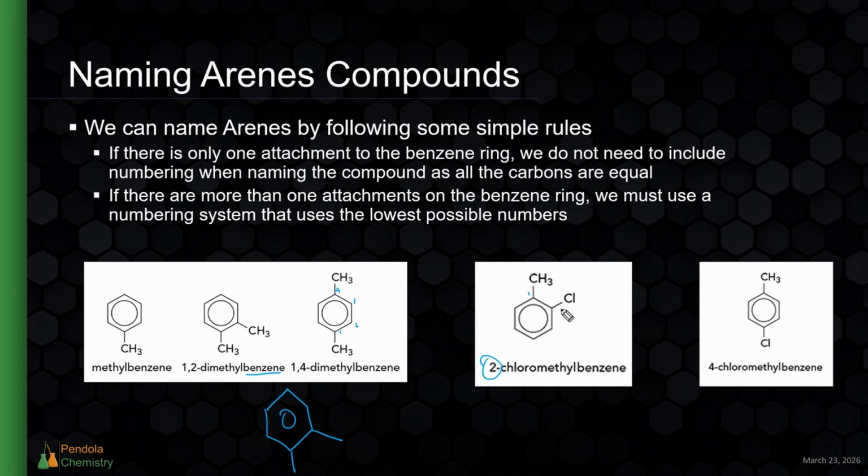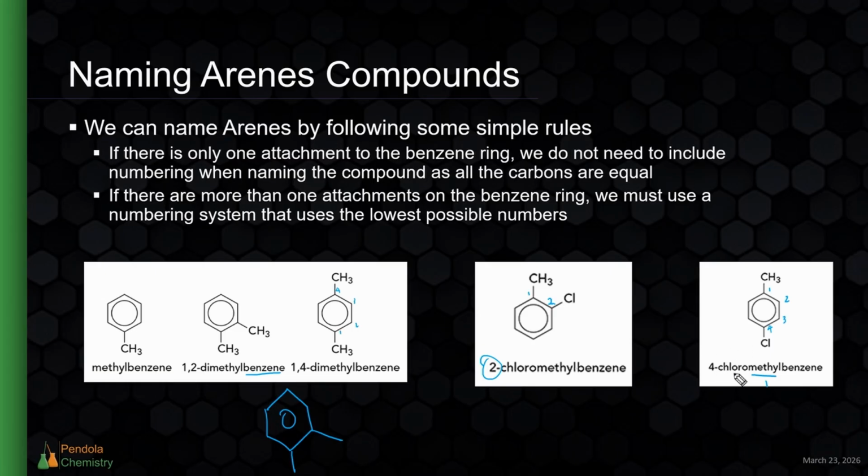That methyl is then always going to be the first carbon because it's only two different functional groups, and one of them has to be carbon 1. 4-chloromethylbenzene, again, that methyl is, without saying it, in carbon 1 because one of those functional groups is always going to be in carbon 1. And then the chlorine is going to be in carbon 4.